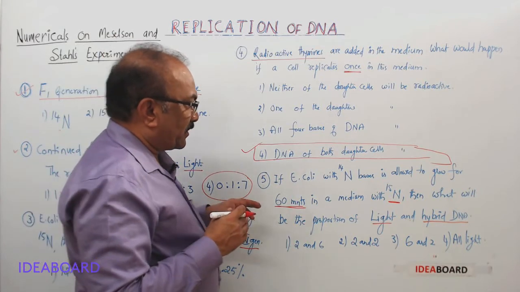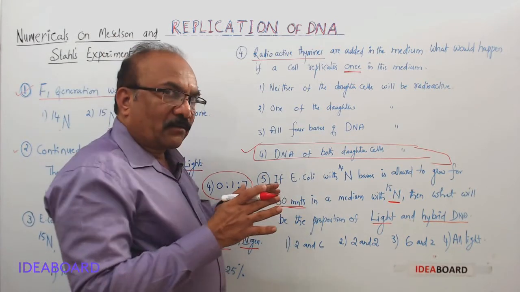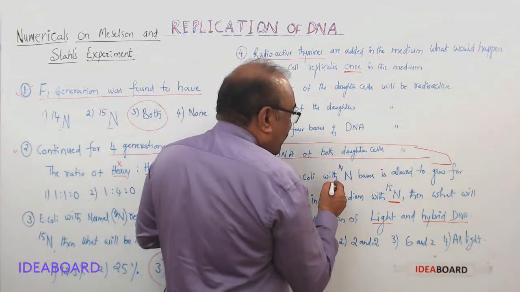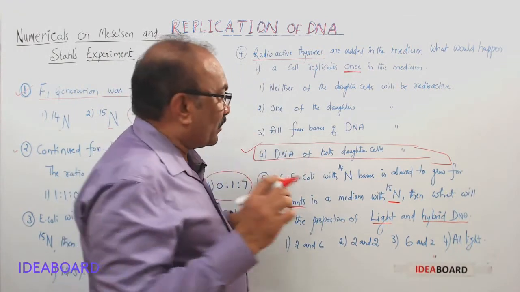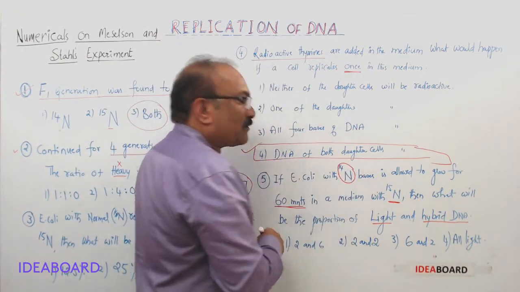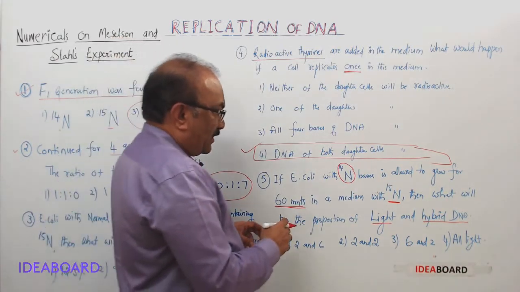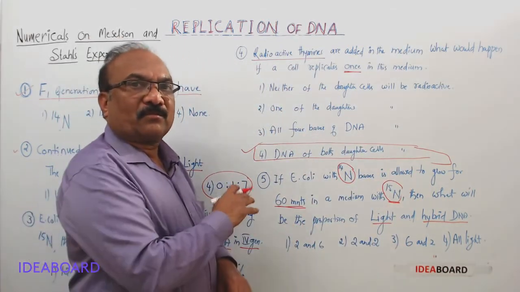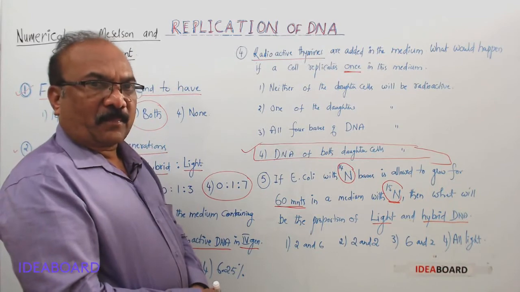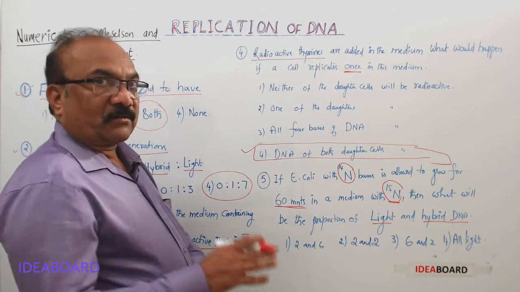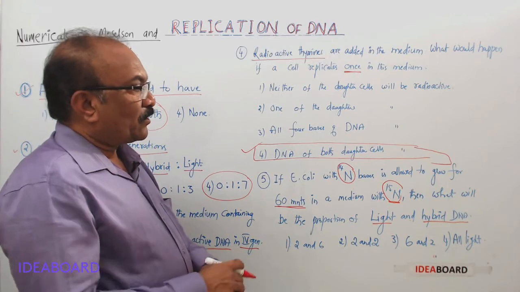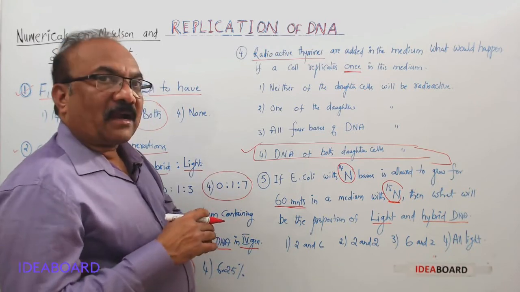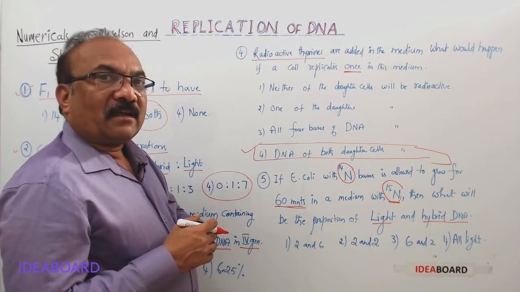And remember that here the experiment is reversed. Here the E. coli is not with N15, the E. coli is with N14, and the medium is having N15. So it is the reverse of the Meselson and Stahl experiment. There we got, you can check that table, two hybrid DNA and six light DNA.